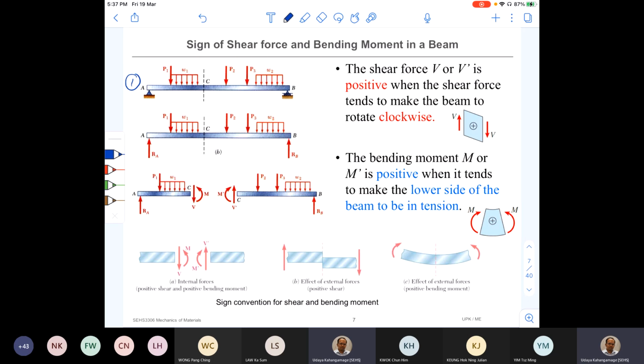And then by looking at that, we are going to draw a free body diagram. This is the FBD. Okay, a free body diagram shows you all the externally applied loads, including the reactive forces. So that helps you to find the unknown reaction forces. These RA and RB are unknown reaction forces.